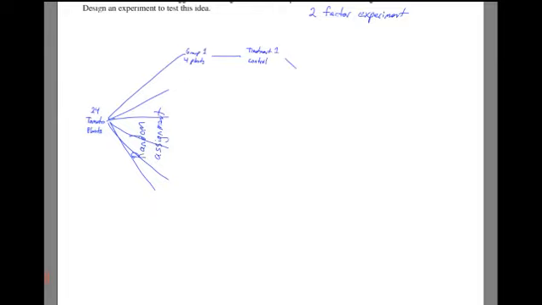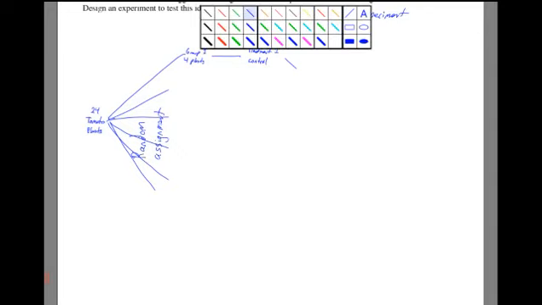They're going to receive no water, no fertilizer. And we'll see how those do.